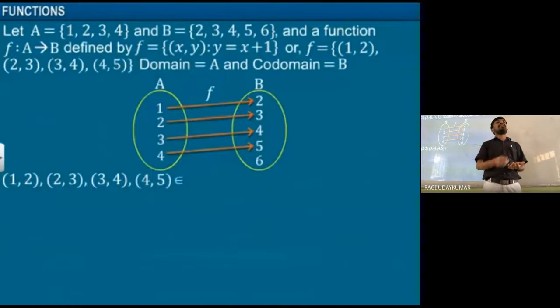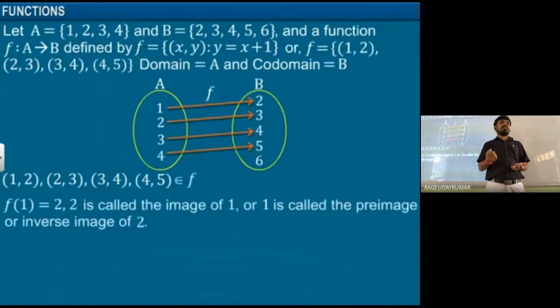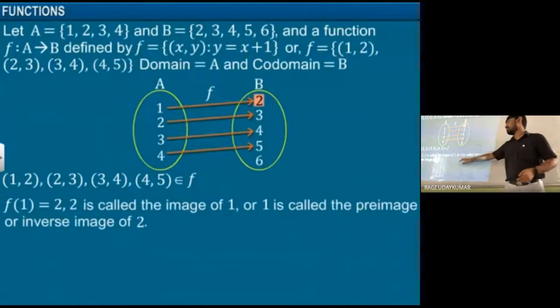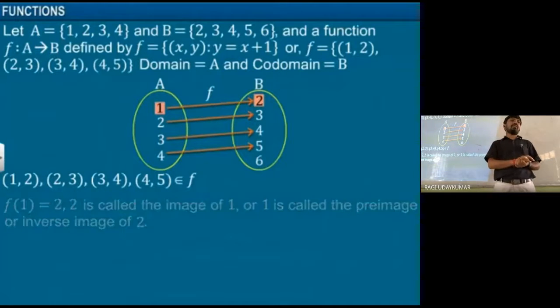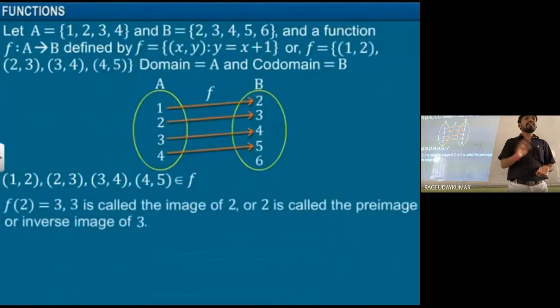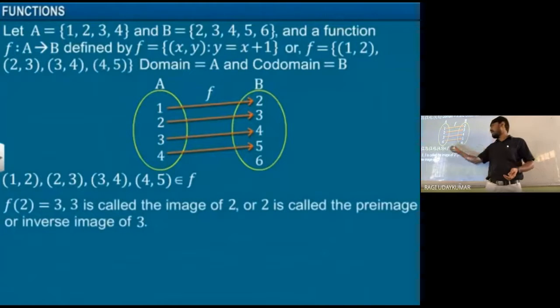We can say that f of 1 is equal to 2. f of 1 equal to 2 बोल रहे तो 2 is called the image of 1, or 1 is called the pre-image of 2. Inverse image will not be used, only pre-image is mostly used. f of 2 equal to 3 होगा, f of 3 equal to 4, (3, 4) function में है, then f of 3 equal to 4 you can write.